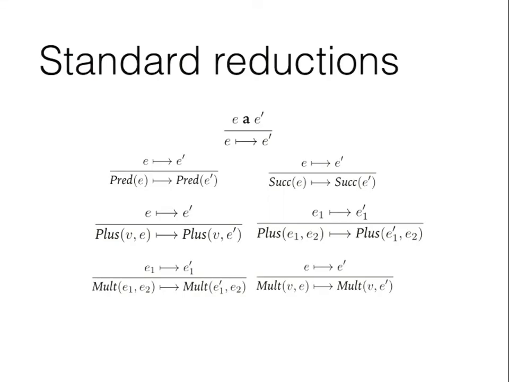Either you take one of those reduction axioms, 1 + 1, and so on. If you've got a predecessor, you do a canonical step on the inner expression. Same for successor. Now, plus is going to work differently. Plus says that if you've got a value, I should have written i here. That's just a typo.